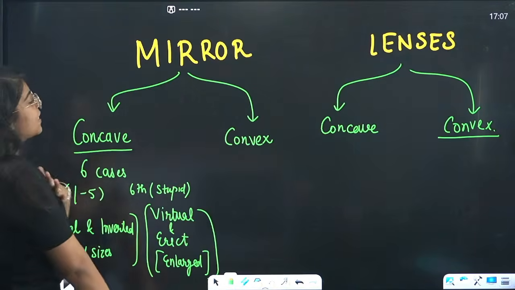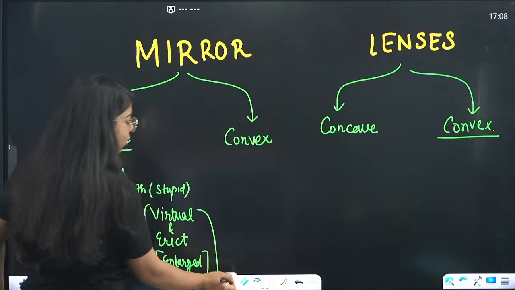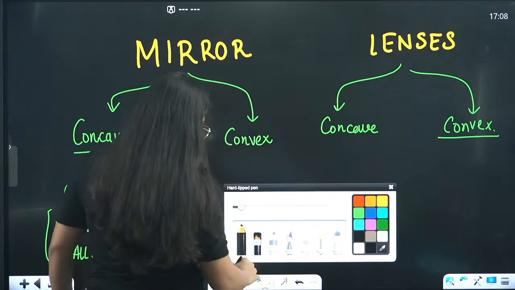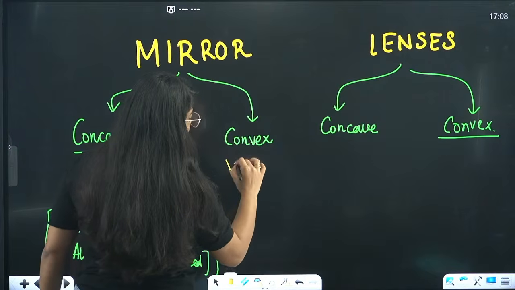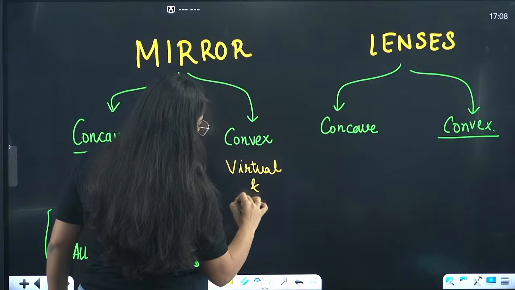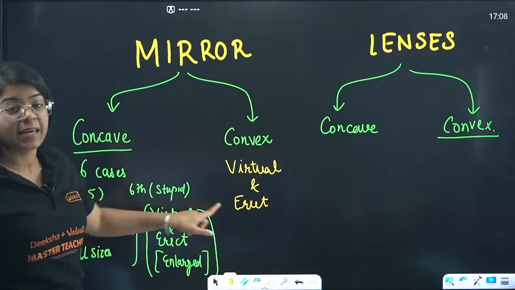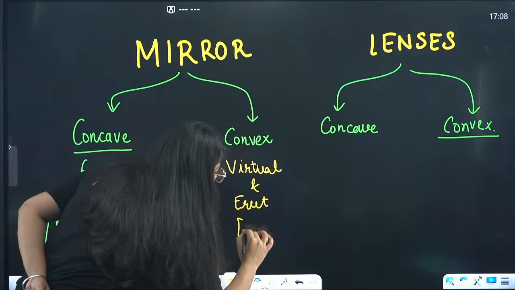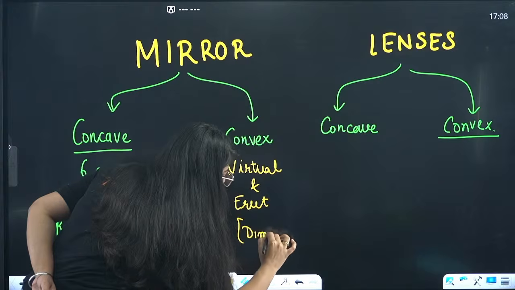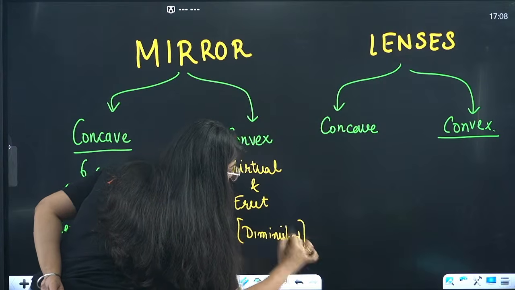Until then, see, the second mirror we have is the convex mirror. Now we know that a convex mirror always forms a virtual and erect image, but in this case the image is always diminished. Are you guys understanding this?